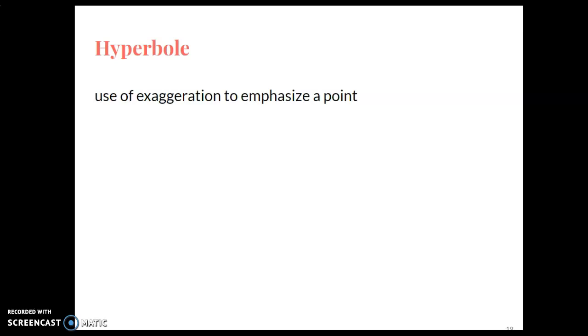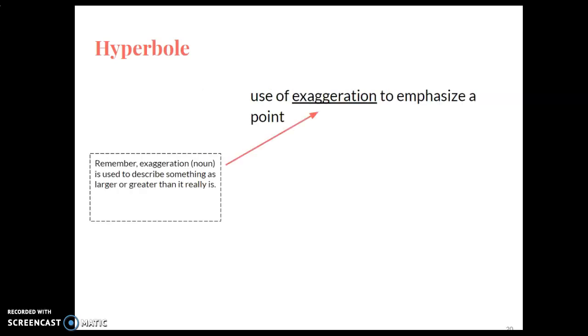Our final word is hyperbole. Hyperbole is use of exaggeration to emphasize a point. Remember that exaggeration is used to describe something as larger or greater than it really is. And to emphasize means it's used to give special attention to something.